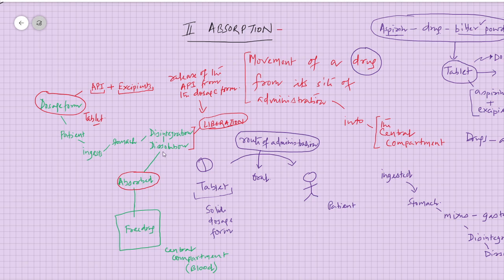So the free drug, after dissolution, gets into the central compartment, and that is called absorption. Now we are going to study the factors influencing absorption when we give it by the oral route. First we are going to concentrate on the factors that influence absorption when it is administered by the oral route.